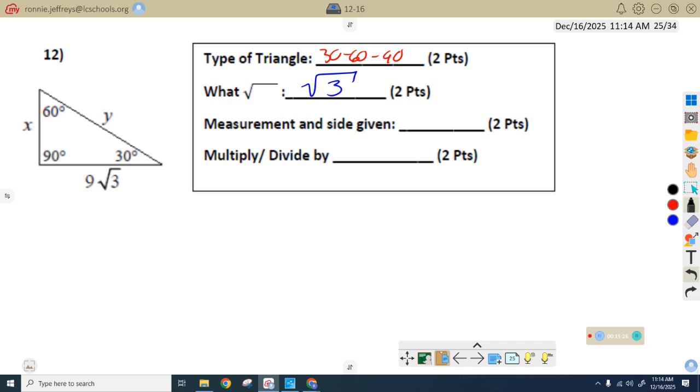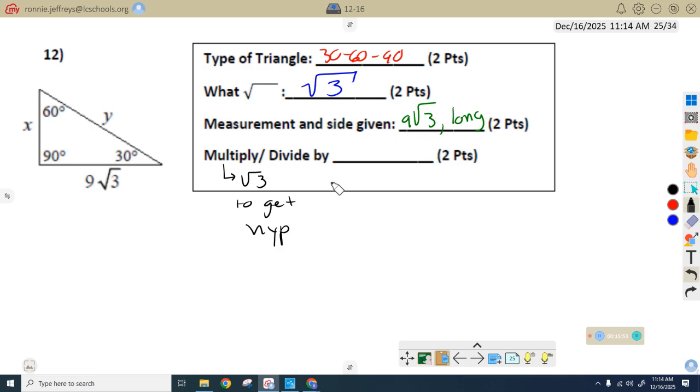Yes, it does matter if you put the root sign over it. Measurement given, 9 root 3. Oh, it even says side. So if you're missing one of these things, I marked it wrong. Now, this one, we had to multiply by root 3 to get hypotenuse.